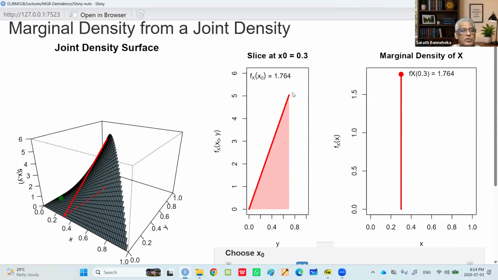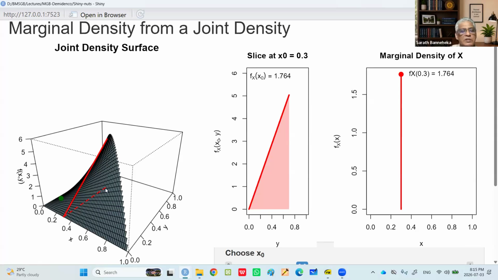So this curve is actually the joint probability density evaluated at x equal to 0.3, right? So it's a function of y only. So in order to get this one, you have to integrate that function from y equal to this point to this point.